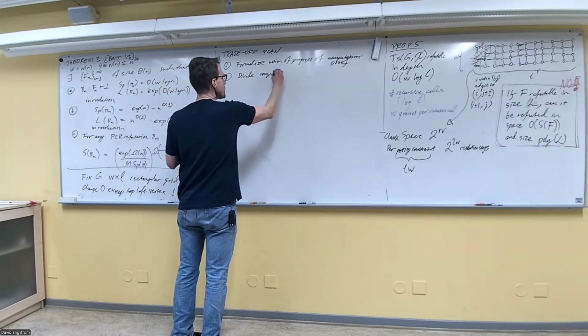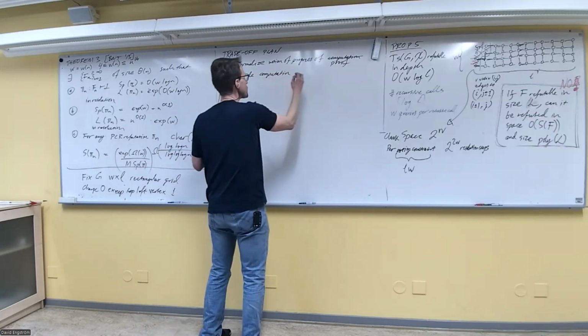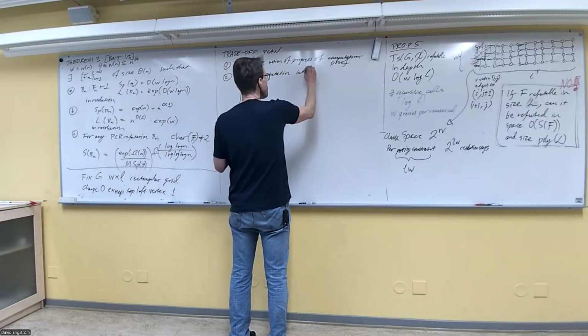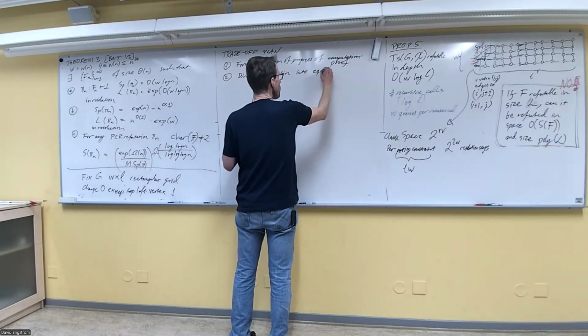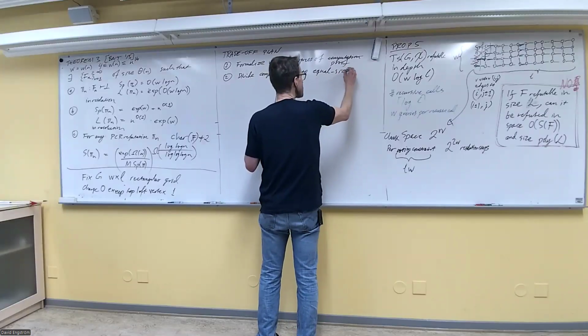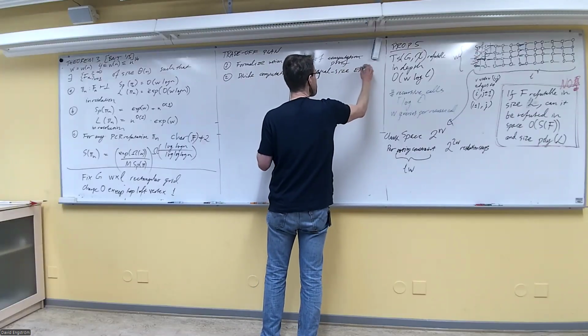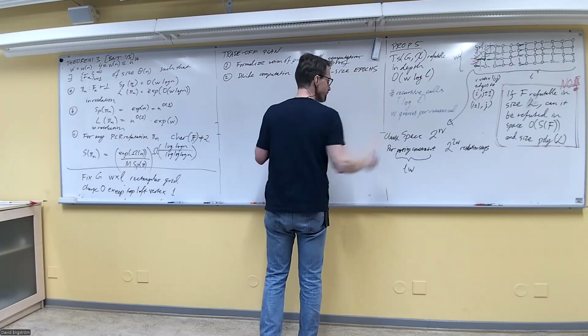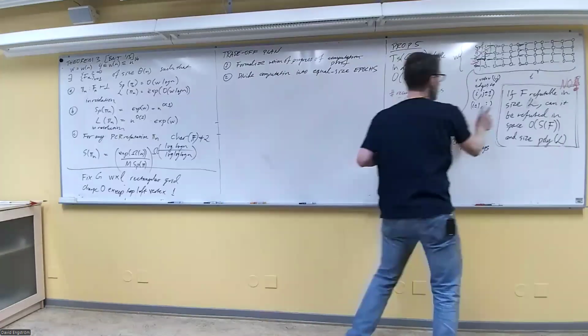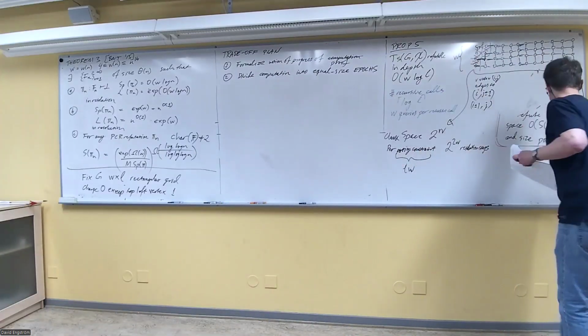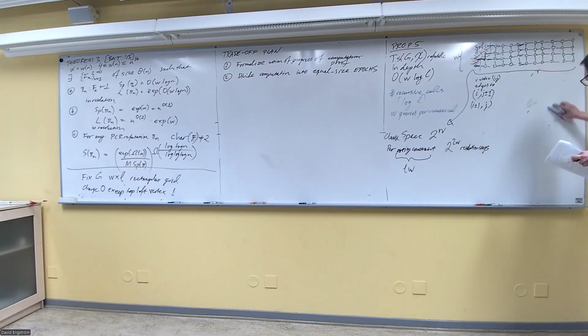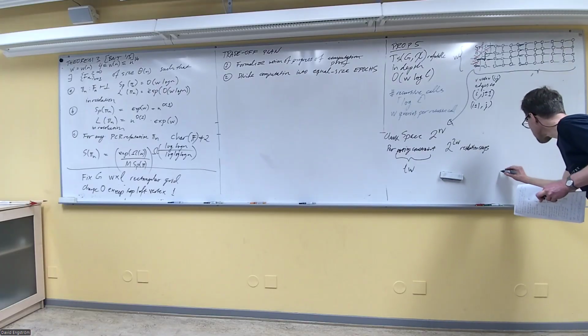Next step in the approach is that you divide the computation into a bunch of equal-sized epochs. The way to think about this, let me get rid of it now, and draw it down here. So here is our proof.